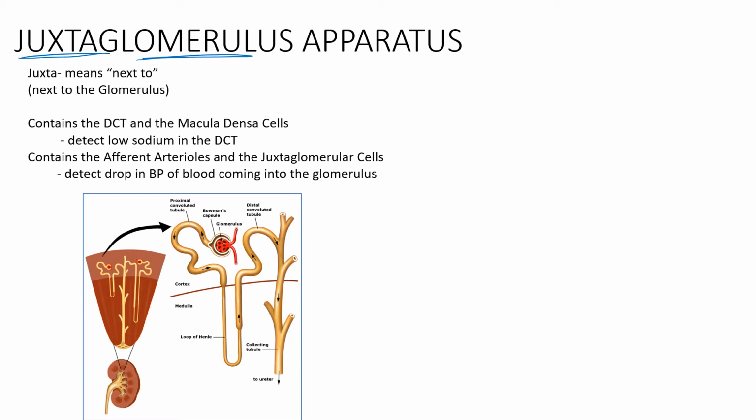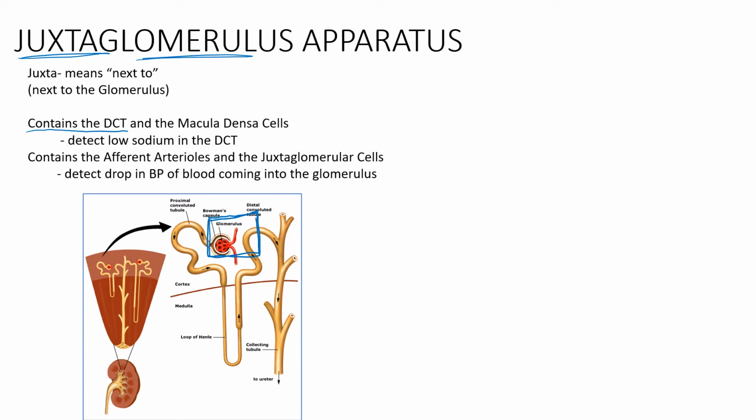Now, within the juxtaglomerular apparatus, there are a few pieces that we need to be aware of. When we talk about the juxtaglomerular apparatus, it is this area right here.